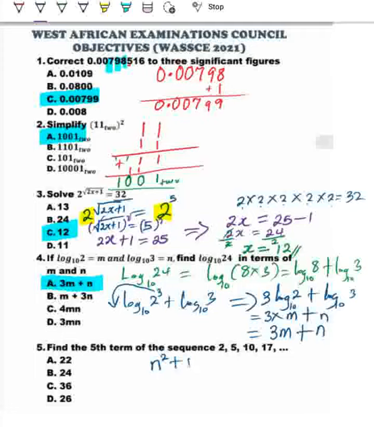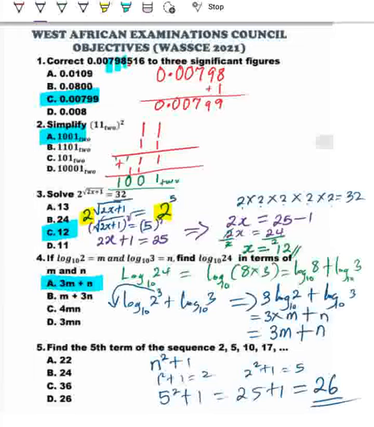Test that: for the first term, in place of n we put 1 squared plus 1, which gives us 2. For the second term, 2 squared plus 1 gives us 5. So for the fifth term, we have 5 squared plus 1, which is 25 plus 1, and that gives us 26.